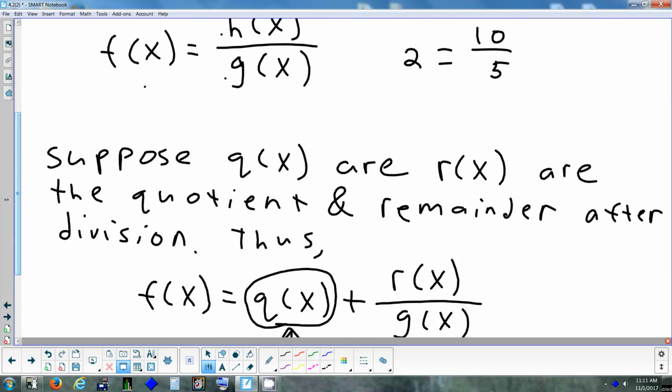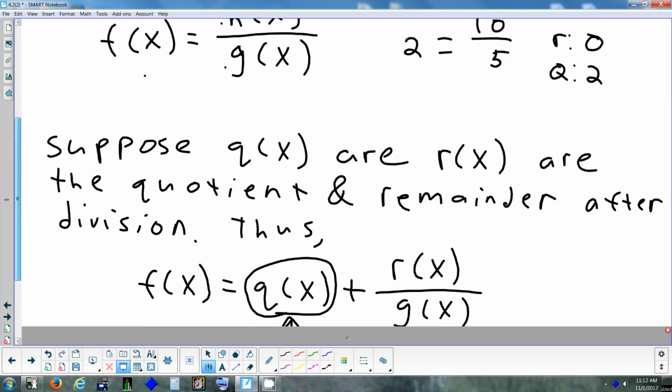Just numbers, no letters. I need to write down here, what's the remainder when you do 10 divided by 5? 0. There's no remainder in this case. So just pick something simple. And the quotient, when you divide 10 by 5, what do you get? 2. Okay, let's plug those numbers into the formula and see what happens.